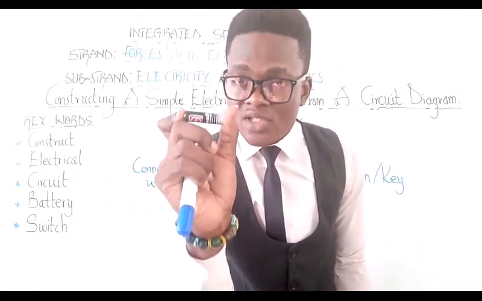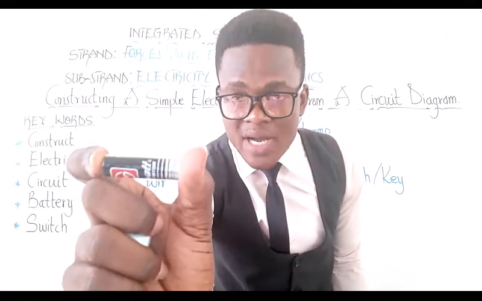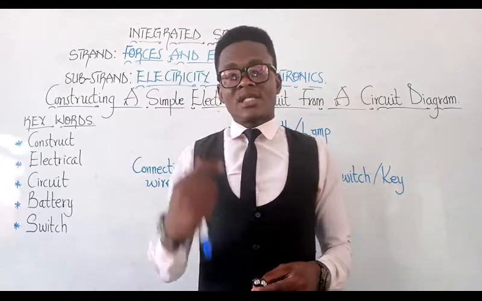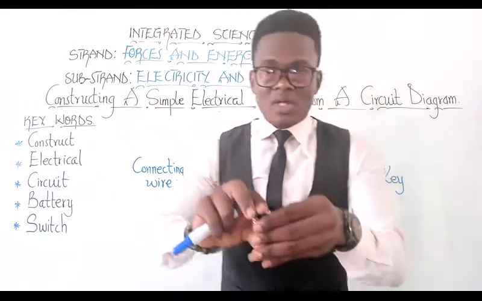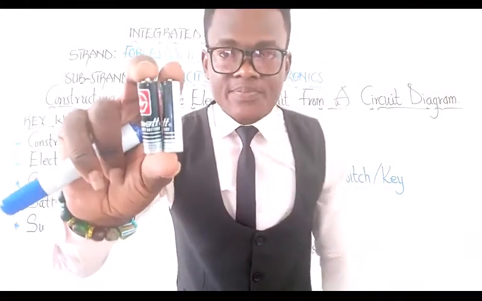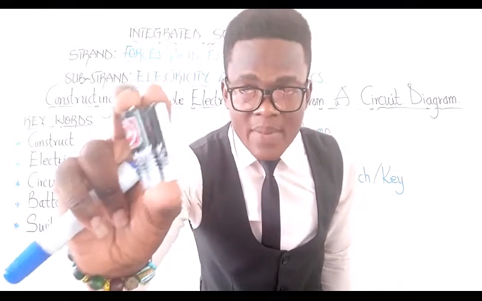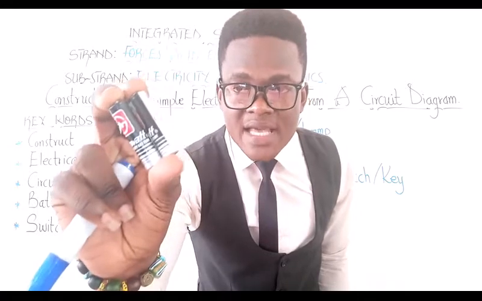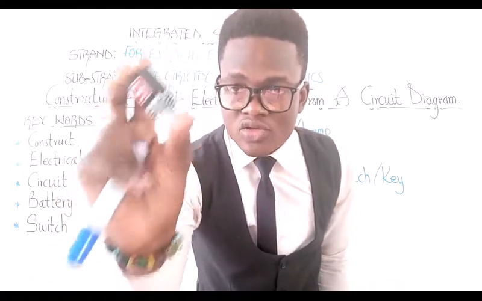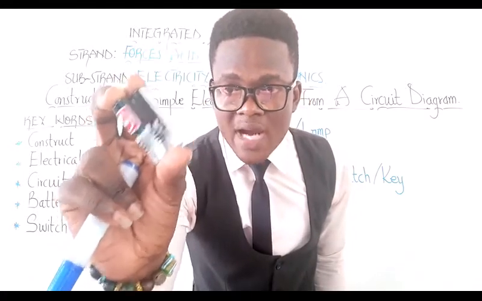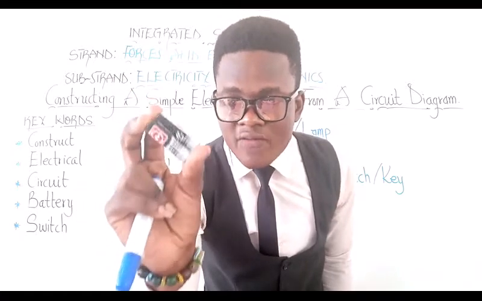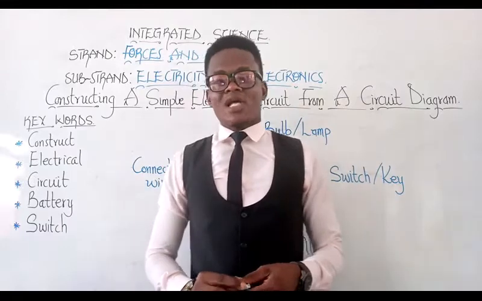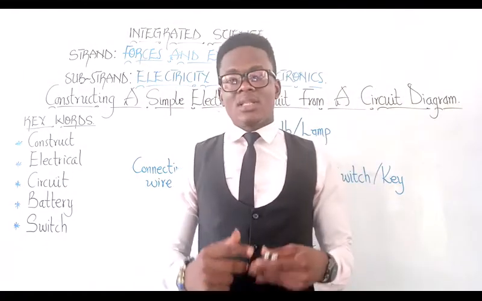In other words, it has one unit. This is the dry cell. The battery is made up of two or more cells joined together. So this is a battery, made up of two or more cells. These are dry cells. So dry cells joined together form what? A battery.